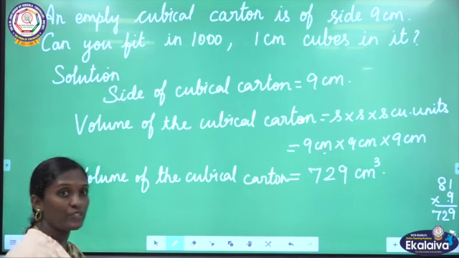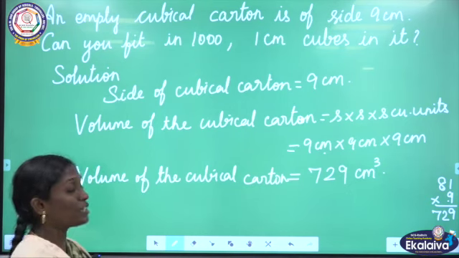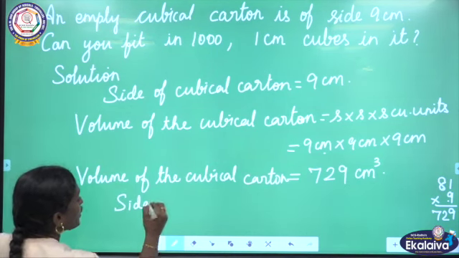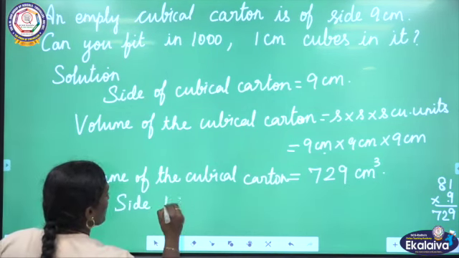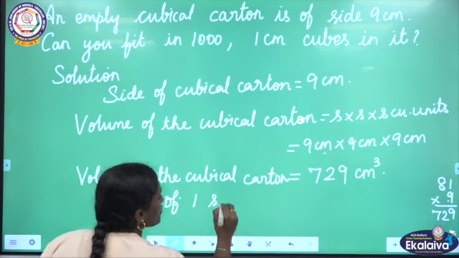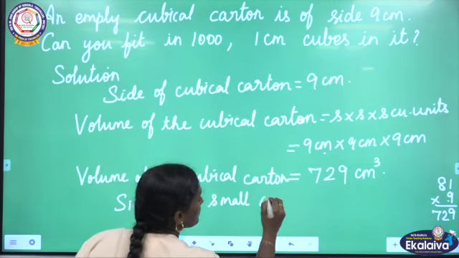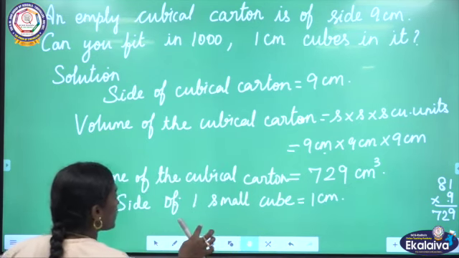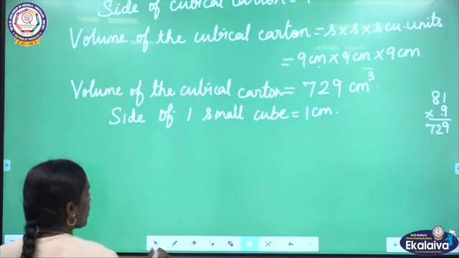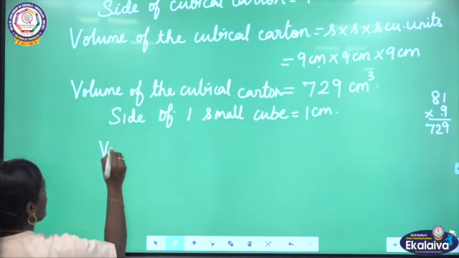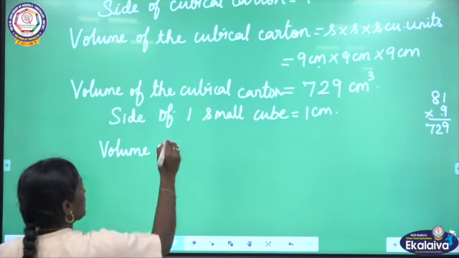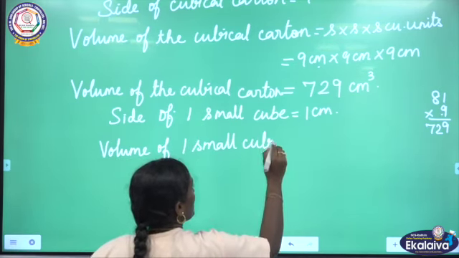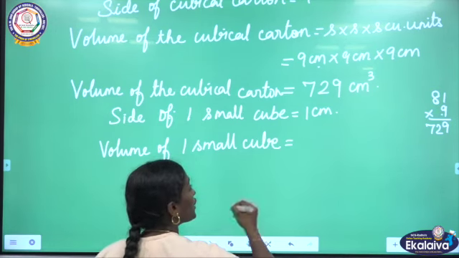Now we are going to find the volume of 1 centimeter cube. Side of 1 small cube is equal to 1 centimeter. Now we are going to find the volume of 1 small cube. The same formula, side into side into side, cubic units.